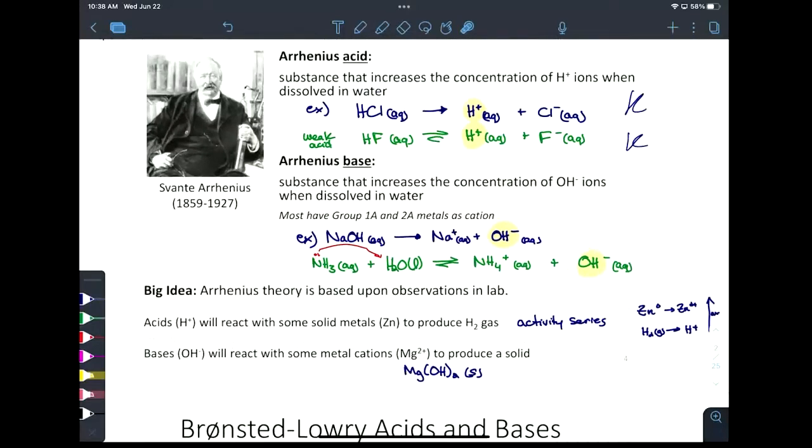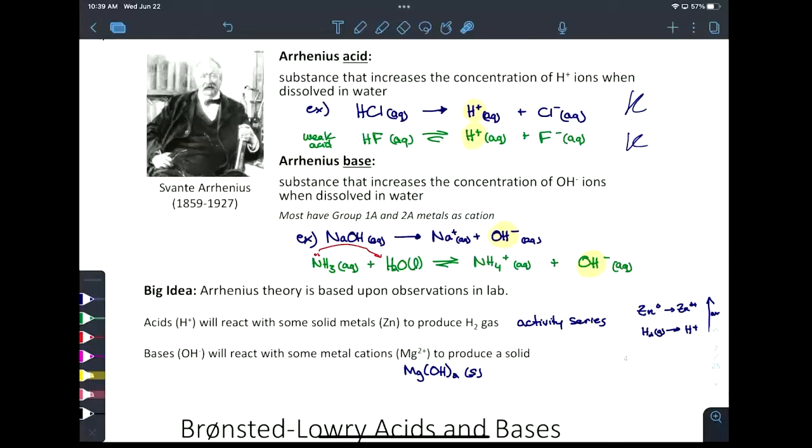Anyway, these ideas, these categories, Arrhenius acid, Arrhenius base, were all based upon observations. What Arrhenius observed is when he mixed an acid with zinc, bubbles formed. Oh, I just had this demo for 1210.